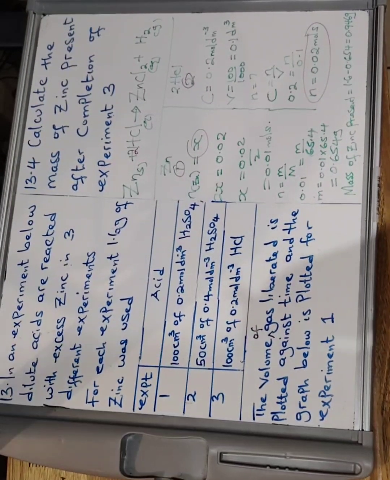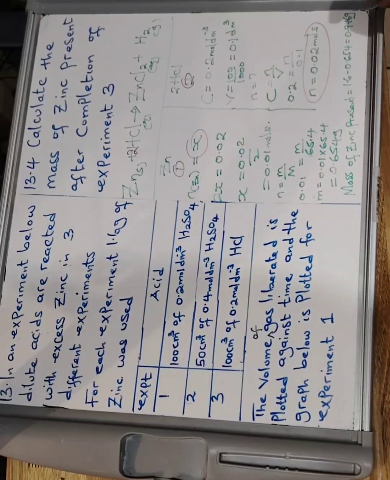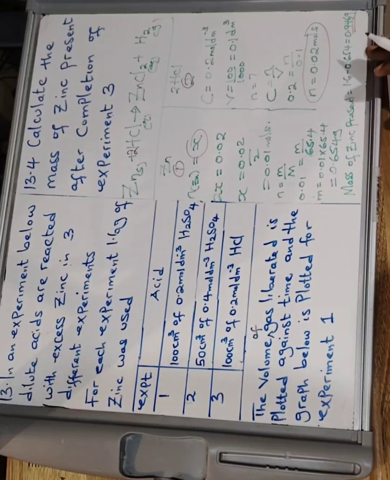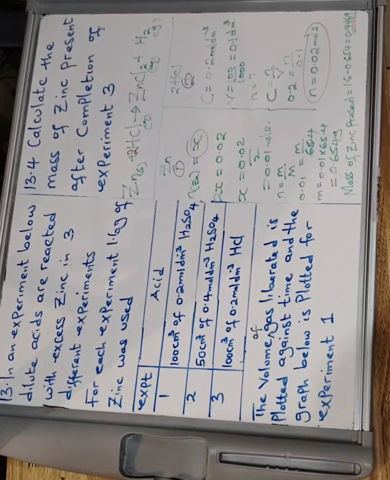After a subtraction, 1.6 minus 0.654 gives us 0.946 grams. So this is the mass of zinc present in the flask after completion of the reaction.